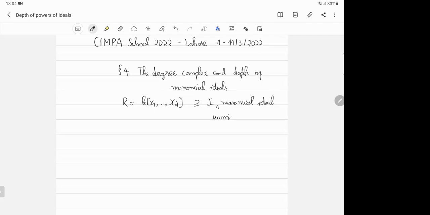This is a more interesting case. And then we take the symbolic power of I, and we want to know whether, if we take the depth of this, this limit exists or not.